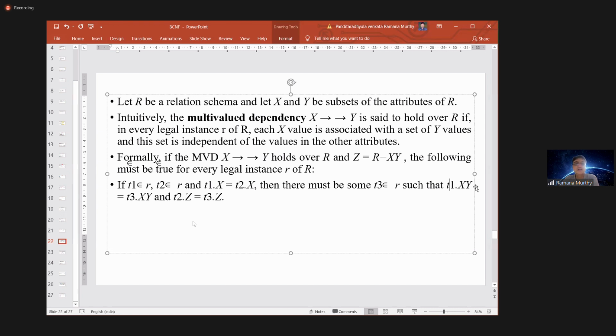If T1 and T3 had the same Z value, they would be duplicate tuples, so this eliminates duplicate tuples. The Z value of either T1 or T3 is going to equal that of some other tuple T2. Be careful: that is what makes it a multi-value dependency.